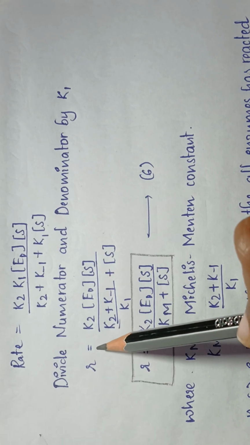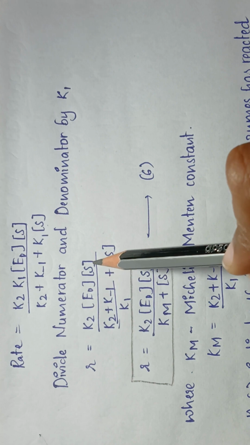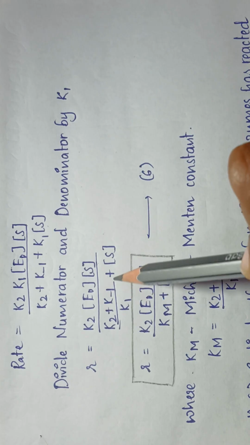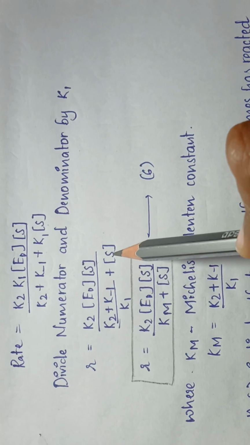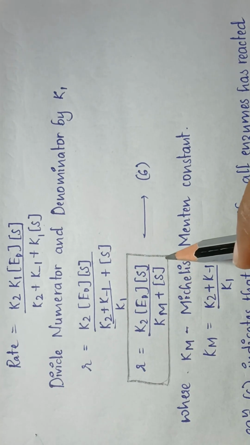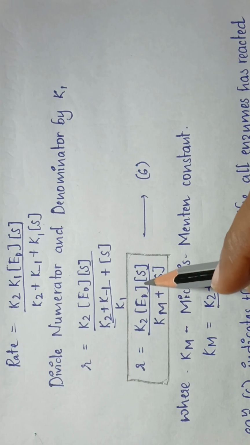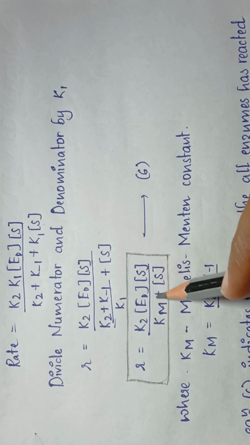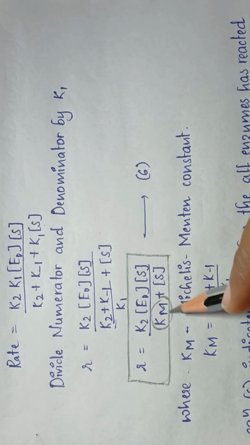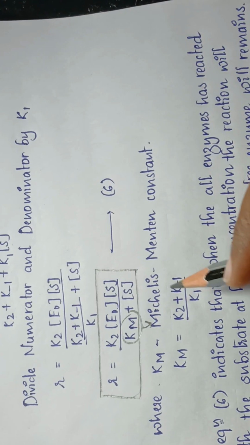The rate becomes k2[E0][S] divided by k2 plus k-1 over k1, plus [S]. Overall, the Michaelis-Menten equation is rate equals k2[E0][S] divided by Km plus [S], where Km is the Michaelis-Menten constant.